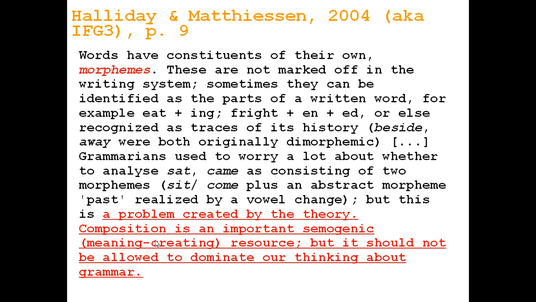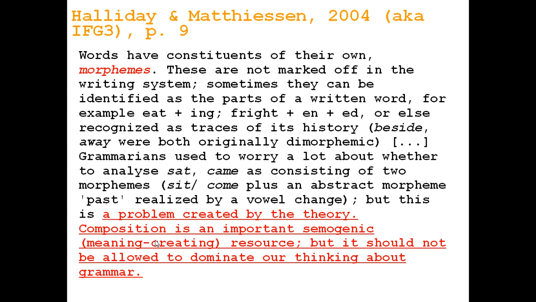Beside, away were both originally dimorphemic. Yeah, in fact, indeed, if you look at beside and away, and also because, in a dictionary, you'll find that they're one morpheme. In contemporary English, they're one morpheme.